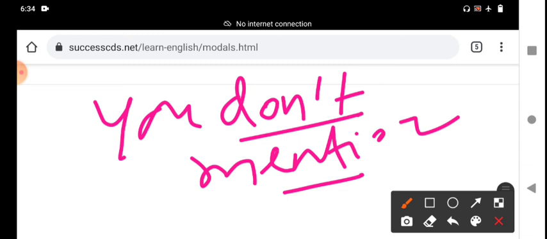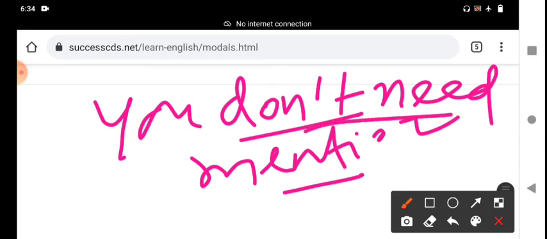You don't mention this to your father. This is a do form. This is the helping verb with the main verb. You don't mention this to your father. You don't need to mention. You don't need means it functions as a main verb.